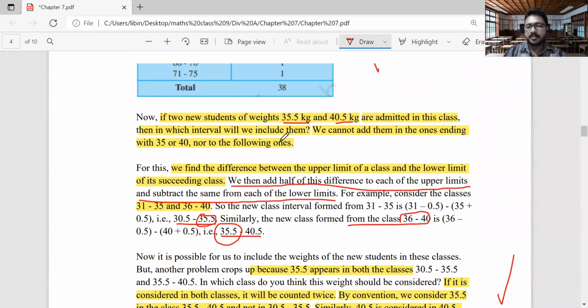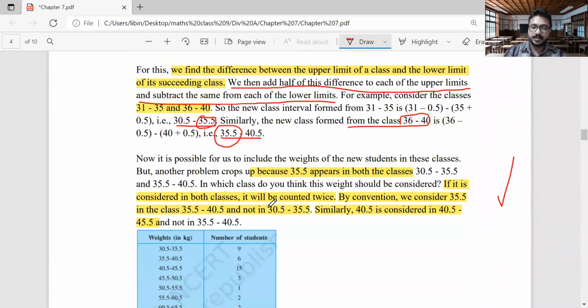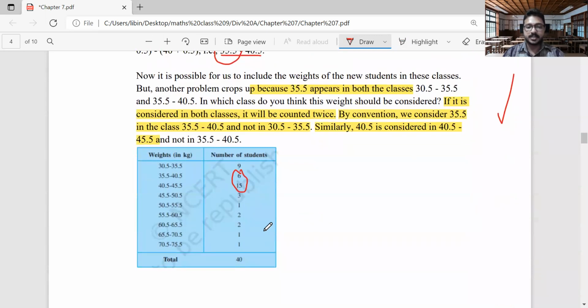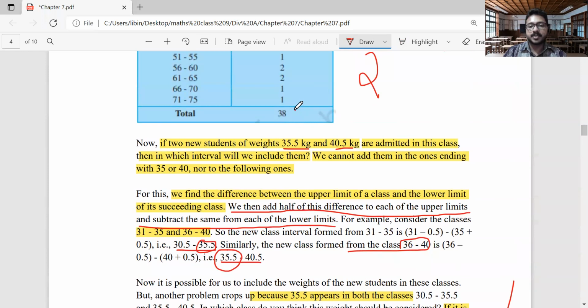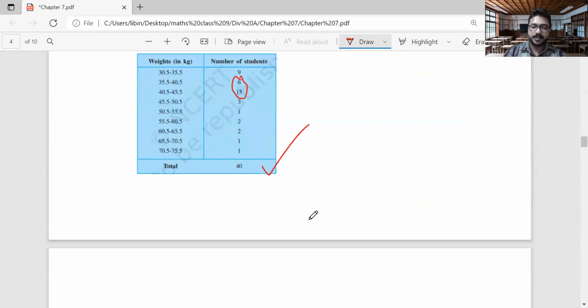The only change is in these two frequencies. They have changed to 6 and 15 respectively. There is no change to the other frequencies. They remain the same. So the total of 38 becomes 38 plus 2, which gives you 40.